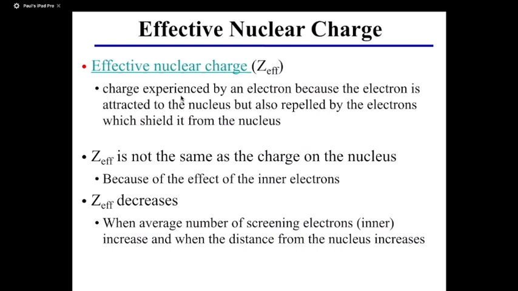What happens is the electrons on the inside shield the electrons on the outside. So not every electron feels a full positive charge, even though I have the same number of positives and the same number of negatives. The ones on the inside feel a lot more positive charge, are drawn in much closer to the center, and there's a lot more stabilization. The ones on the outside are kind of left out. They only feel part of that charge overall, and so their attraction to the nucleus is a lot weaker.